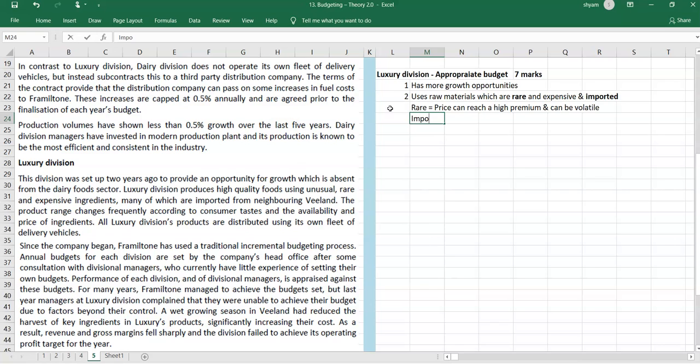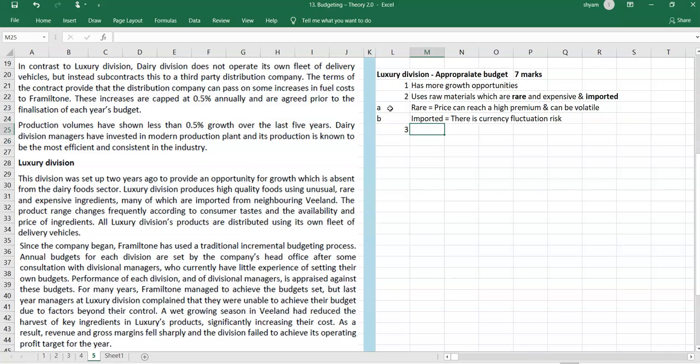It's also imported, which means there is currency fluctuation risk. So there are risks like this, so we can take these as additional points, A and B.